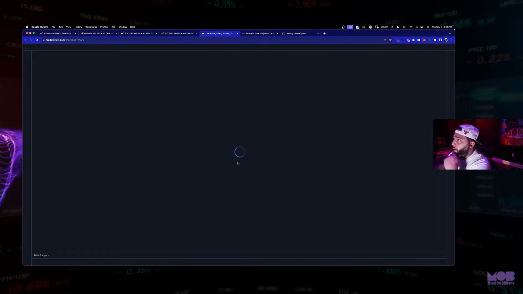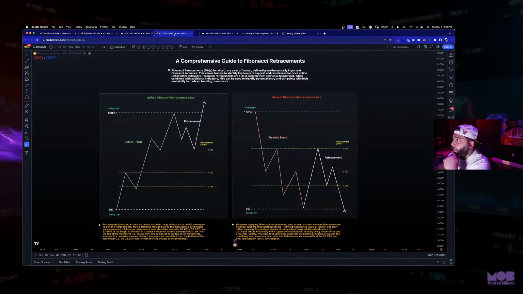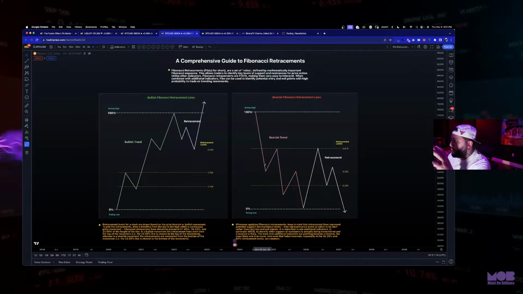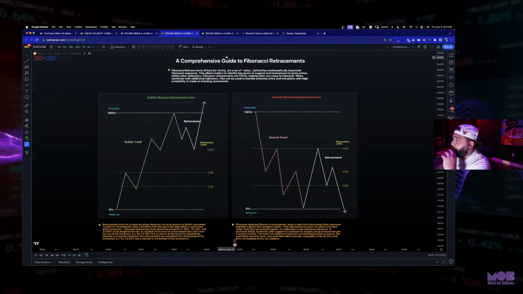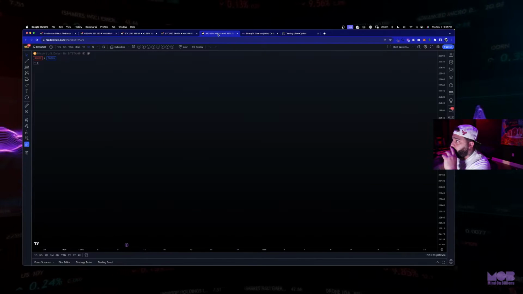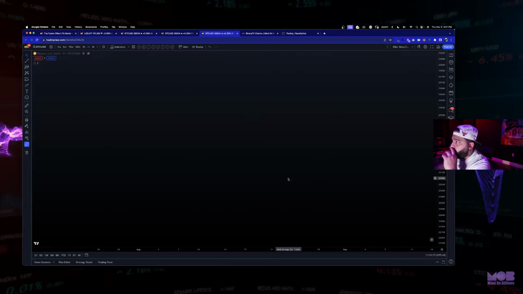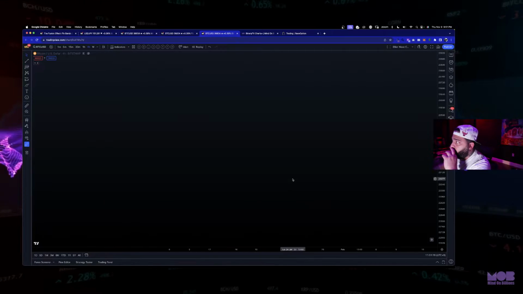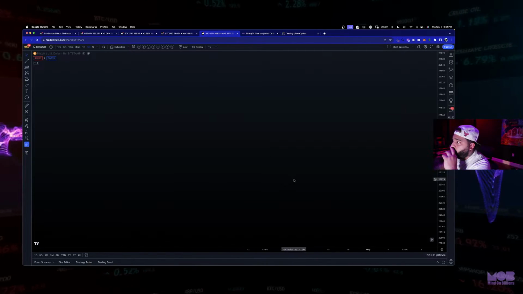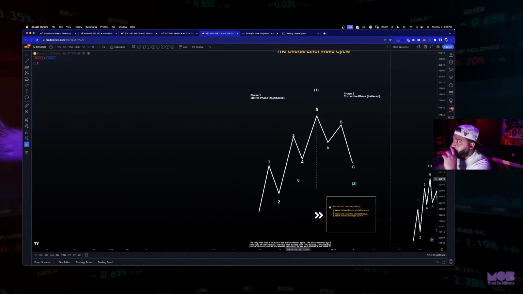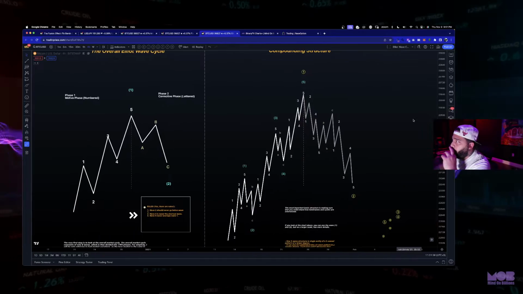So peep this. How in this example, this sure looks like Elliott waves, right? See if I can get this on board.